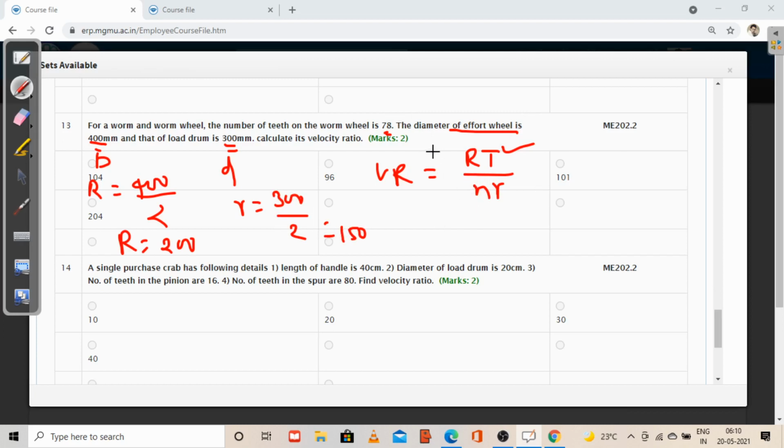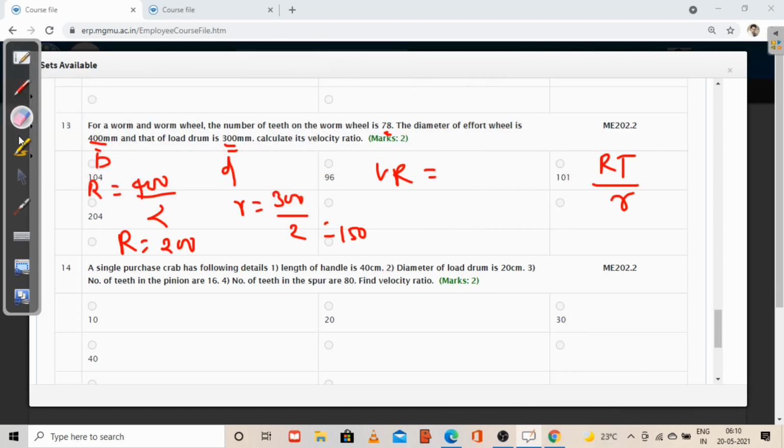The worm जो होता है उस पे कितने नंबर ऑफ थ्रेड्स है वो अभी इसमें गिवन नहीं है, so N आप कुछ नहीं लेंगे, so we will take the formula that is RT upon small r. सिंगल थ्रेडेड है तो 1 आएगा, यहाँ पे ये सेम फॉर्मूला आएगा. मल्टी थ्रेडेड है, 5 है, तो यहाँ पे 5 लेना होता है. अभी यहाँ पे कुछ दिया नहीं है, so we will take this formula, just RT upon r.